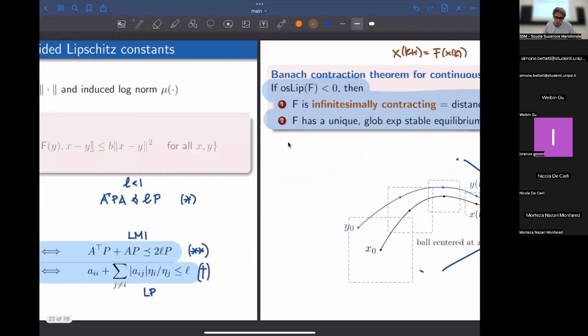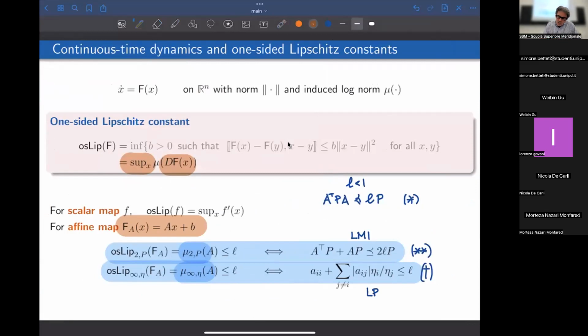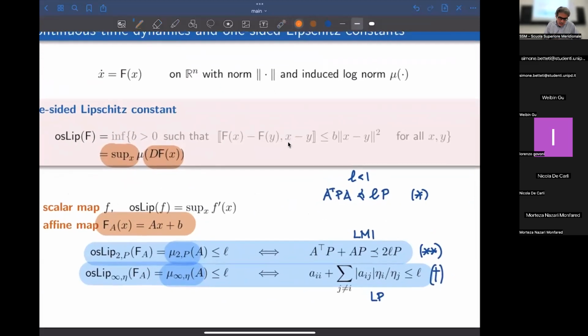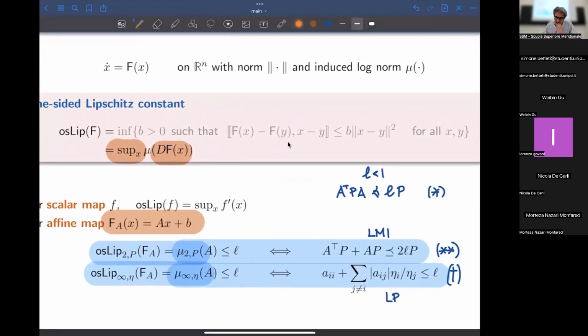Now you should ask me, Francesco, what is this statement in light gray that you have there? I really like that Lip f equals the inf of L greater than 0 such that norm of f(x) minus f(y) is less than or equal to L times norm of x minus y. So here I wrote for you the definition of the Lipschitz constant. The definition of the Lipschitz constant does not involve the derivative of the map, the Jacobian.